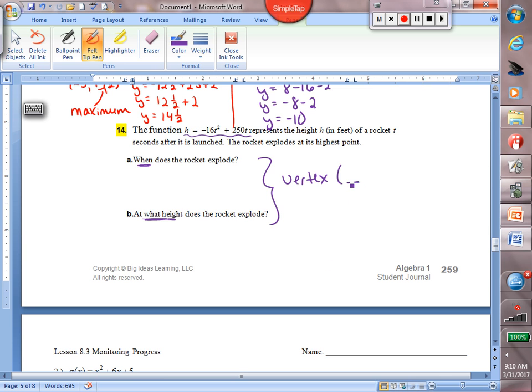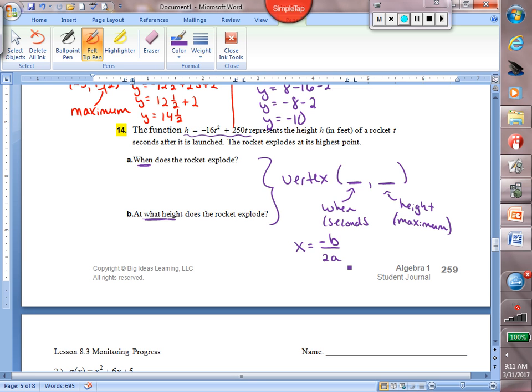The x value that you find will be the when, because it will be the seconds. The y value that you find will be the height. It'll be the maximum point. So finding that vertex, remember, negative b divided by 2a.